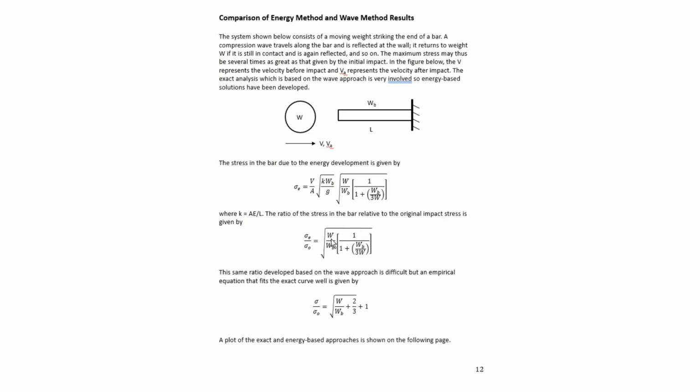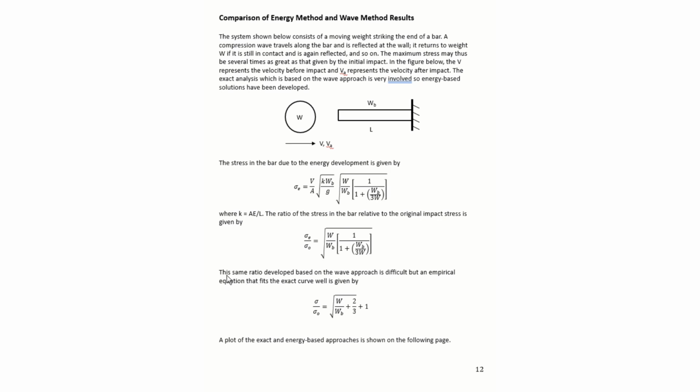And if we look at what happens if W, the weight of the impacting body, is the same weight as the beam or the rod, we'd get 1 here, 1 over 2 here, so we'd get the square root of 1/2, and we would see that the impact stress based on sigma E is significantly different than the result based on the wave approach.